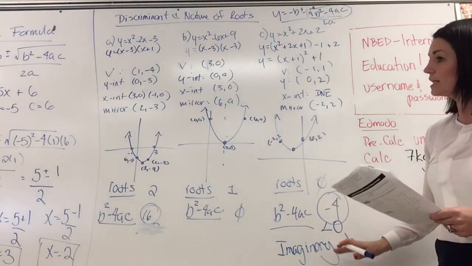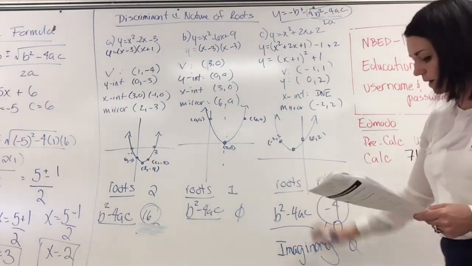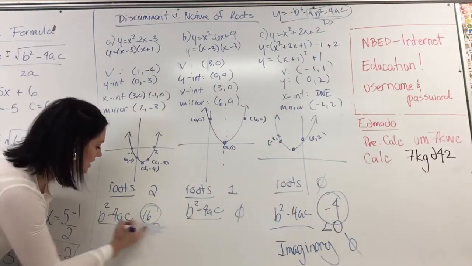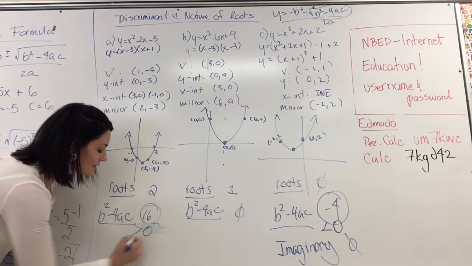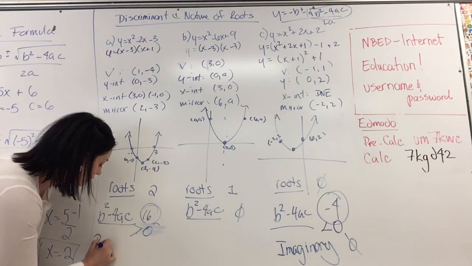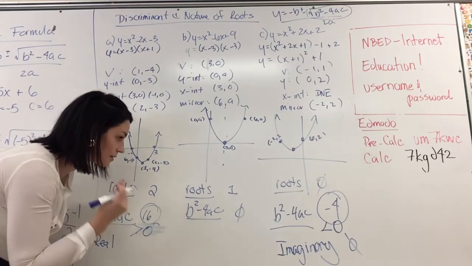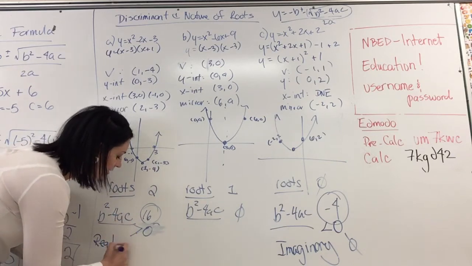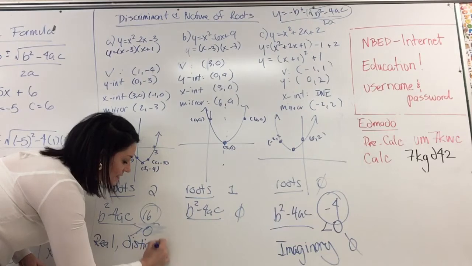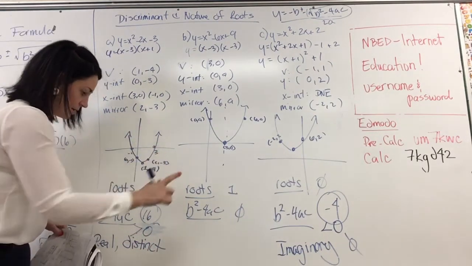Imaginary numbers come from having a negative underneath the square root, so that's what happens in this situation. If the discriminant is bigger than 0, then it's a normal situation. The roots are real, not imaginary, they're positive underneath the radical, and they are distinct. Distinct means they're different. So I have one at -1 and one at 3.